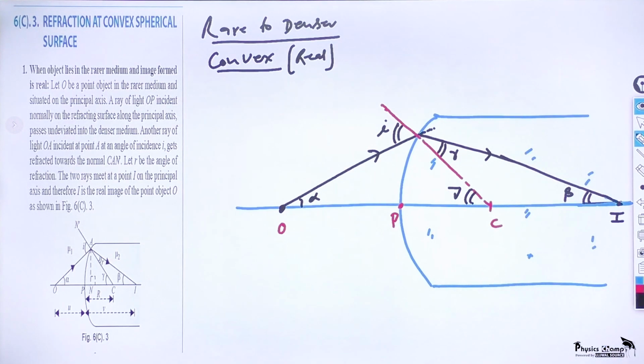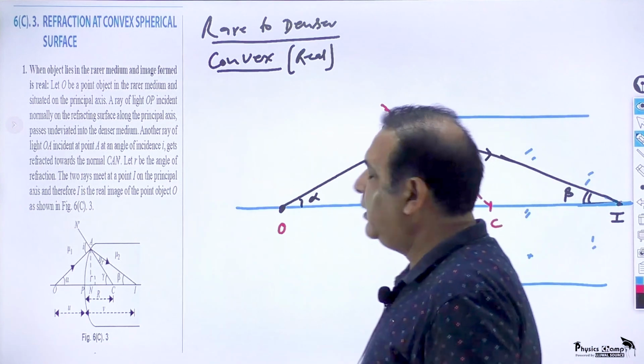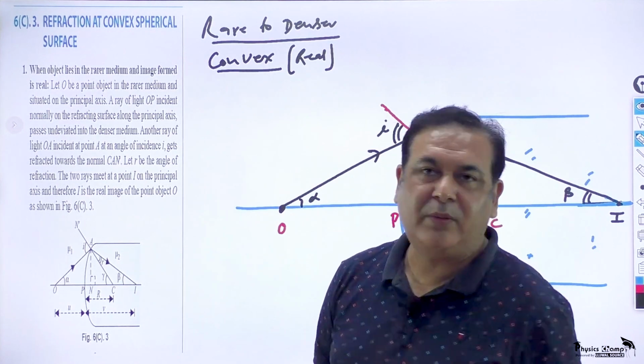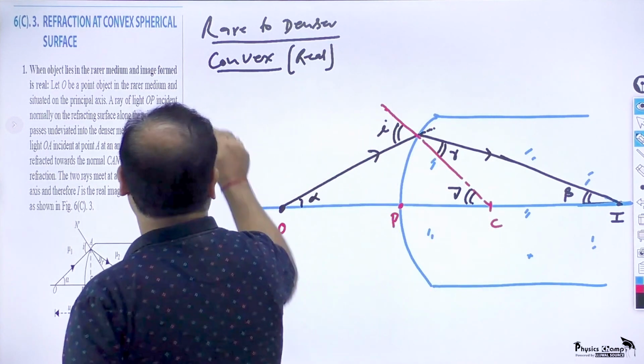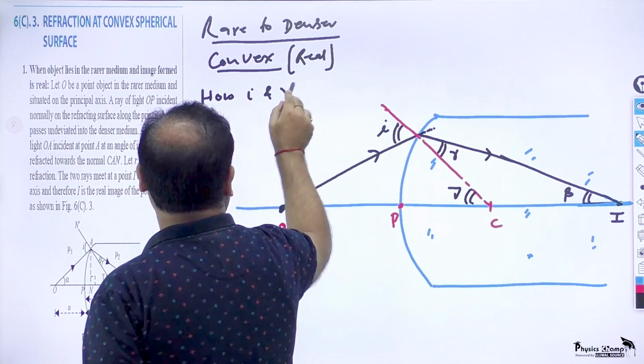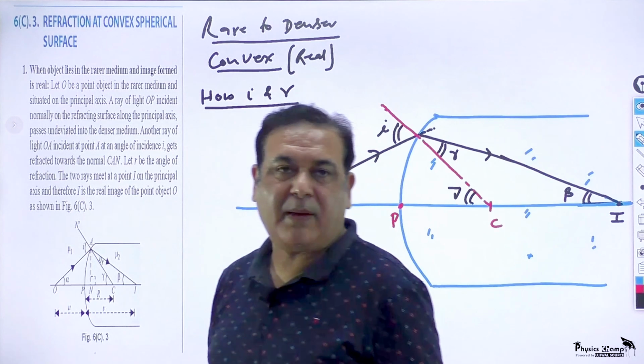So we can see there are 5 terms here: I, R, alpha, beta and gamma. First I want to have a relationship of how I and R are related in terms of alpha, beta and gamma.